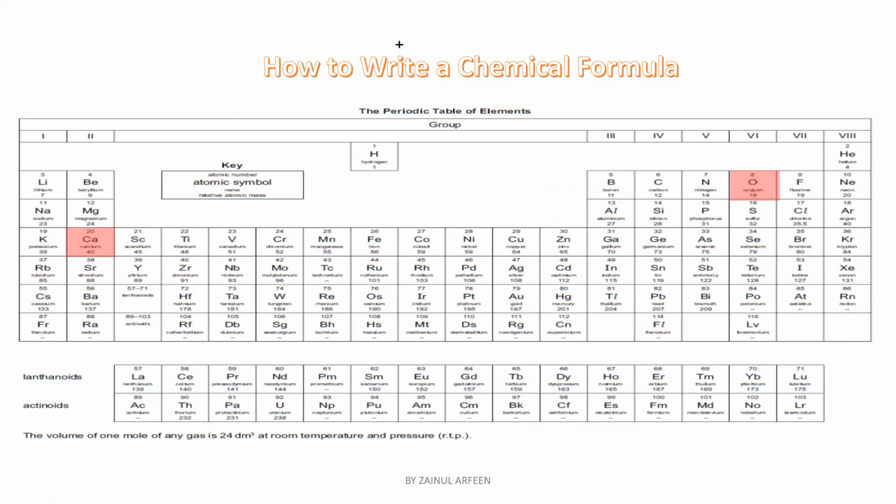And then the valency, what will be the valency of calcium? It belongs to group 2. Calcium is +2 or 2 plus, that's right. Good. What about oxygen?